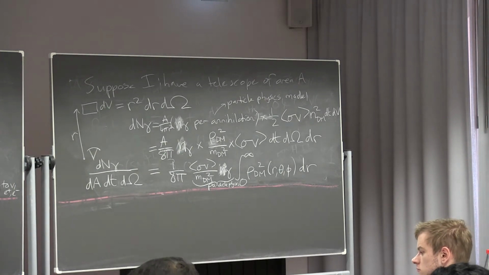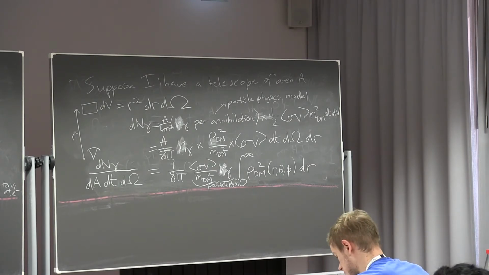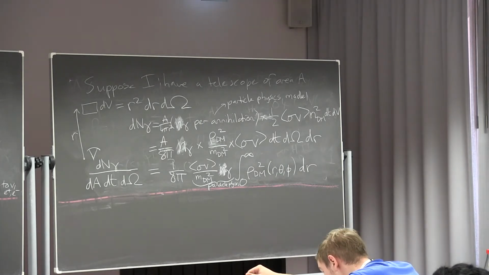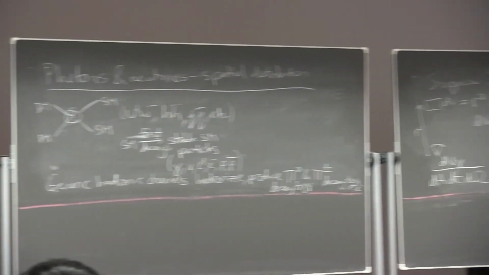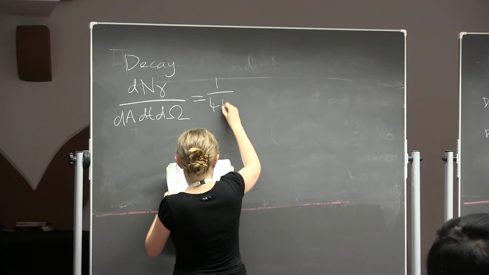So for decay, if I want the same answer, I want the number of photons that I see per solid angle, per area, per unit time. It's going to be much the same calculation.